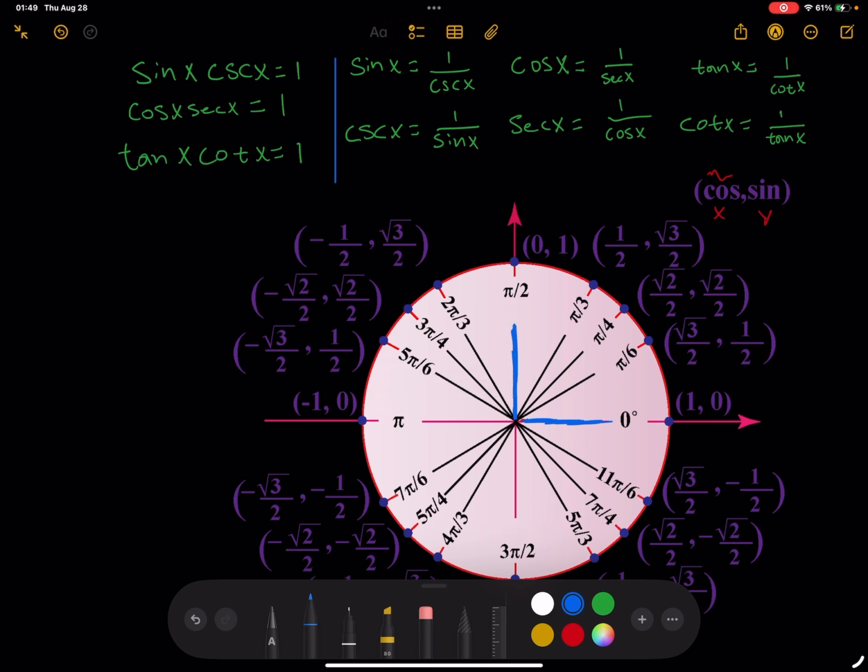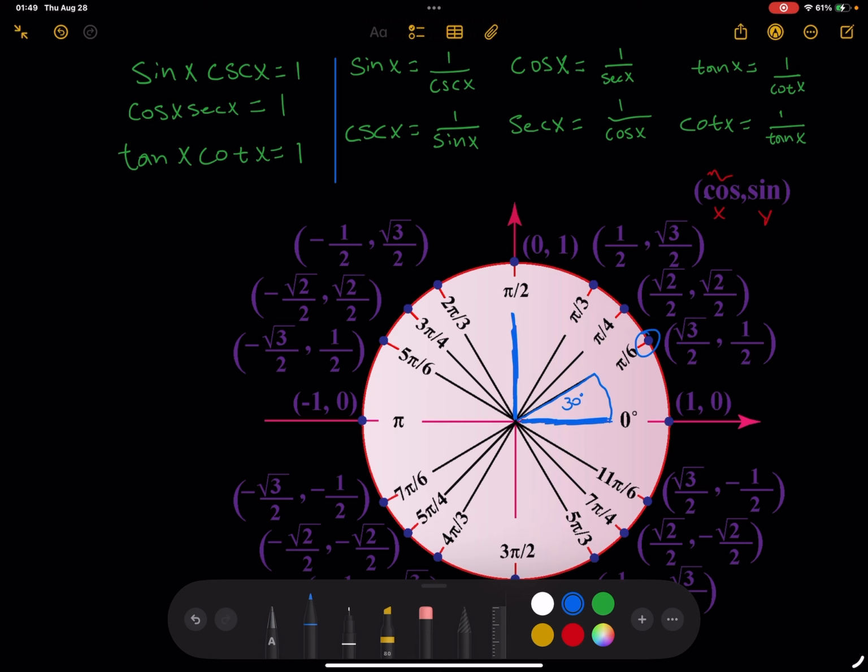So our sine is up and down, and our cosine is this way here. Let's also look at specifically this region right here. This is 30 degrees at these coordinates, because cosine and sine are coordinates.